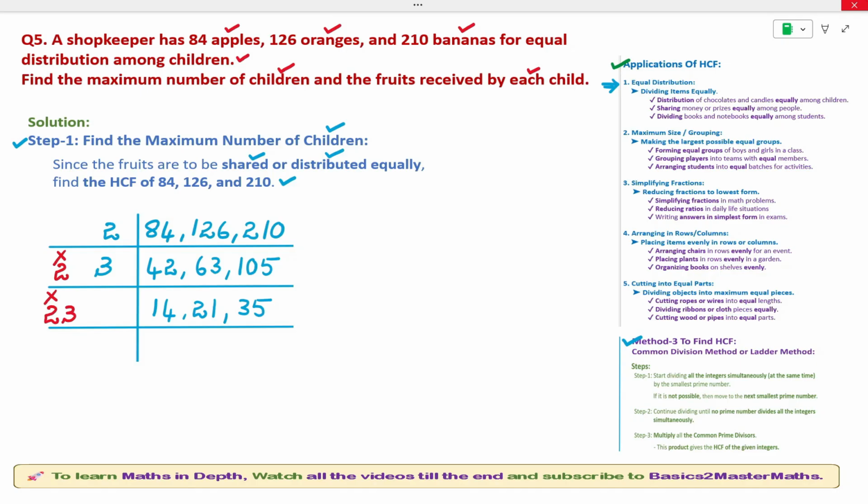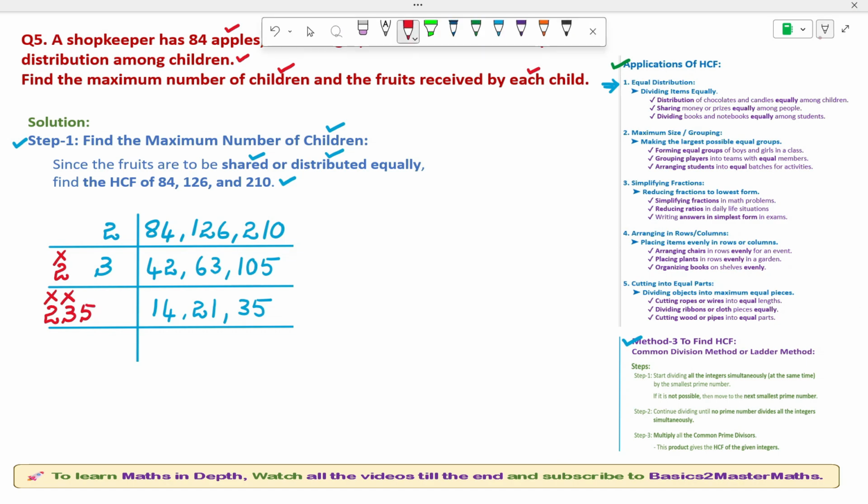Since 3 does not divide all the integers exactly, move to the next smallest prime 5. Since 5 does not divide all these integers exactly, move to the next smallest prime 7.